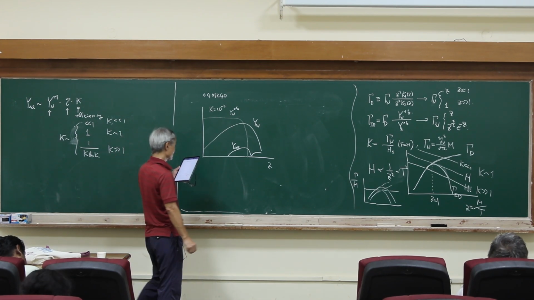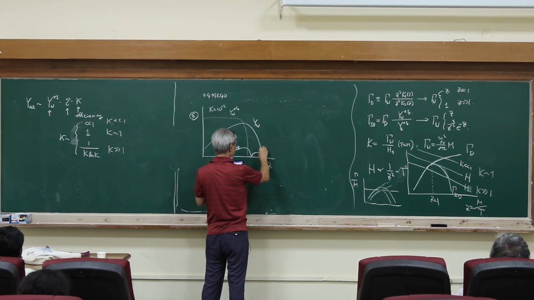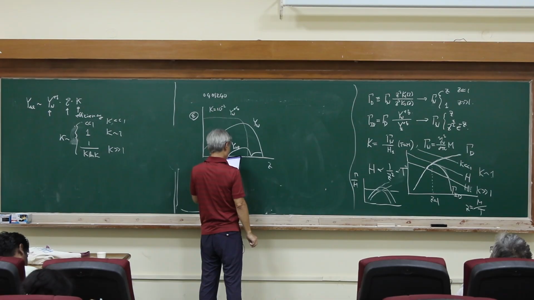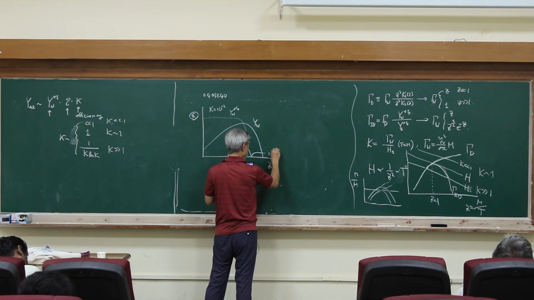Here, assuming some arbitrary value of epsilon, this was around 10 to minus 10.